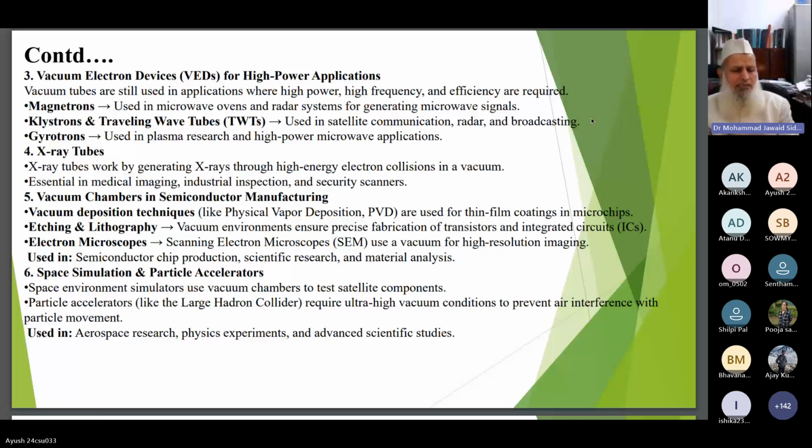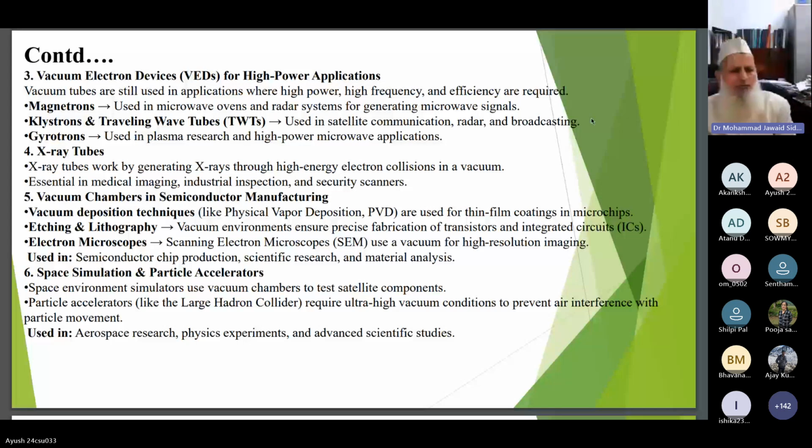Generally we want to deposit various layers, and these layers can be deposited with the help of vacuum deposition techniques like physical vapor deposition, and also low pressure chemical vapor deposition, LPCVD.